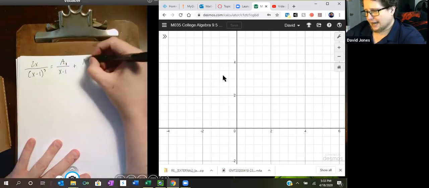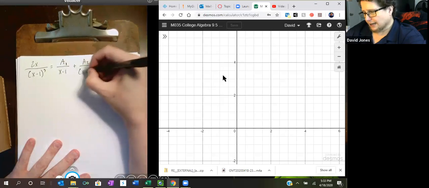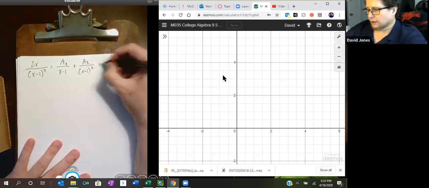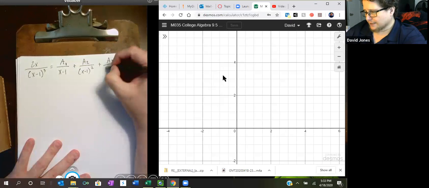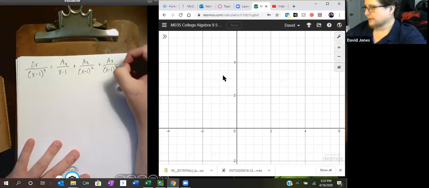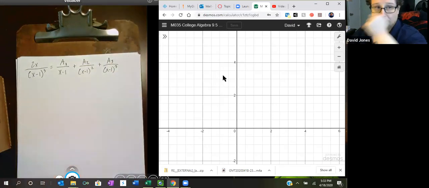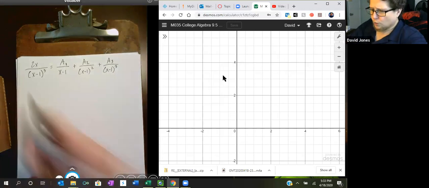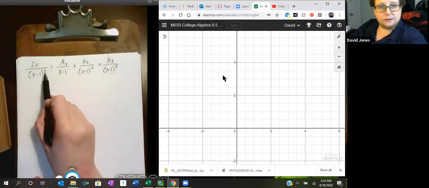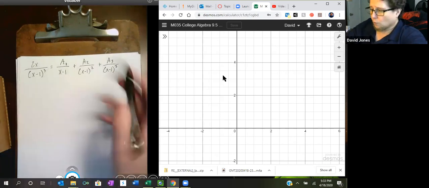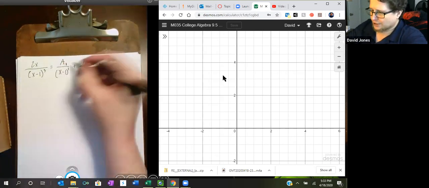Then we had a2 over x minus 1 squared plus a3 over x minus 1 cubed. This was our step 3. So when you have a term that's got an exponent that's not 1, this is what you have to do, where the exponent matches the subscript.